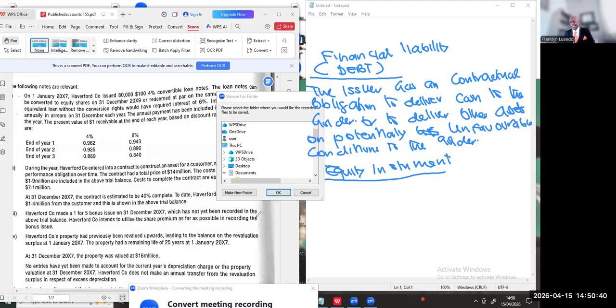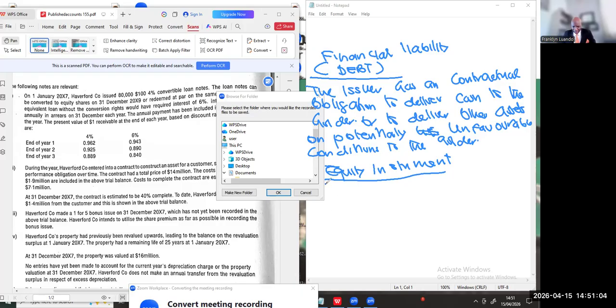The entity that is the issuer of the shares has no contractual obligation to deliver cash. So when a company issues shares, they are not going to pay back. So those, you know, it's equity.